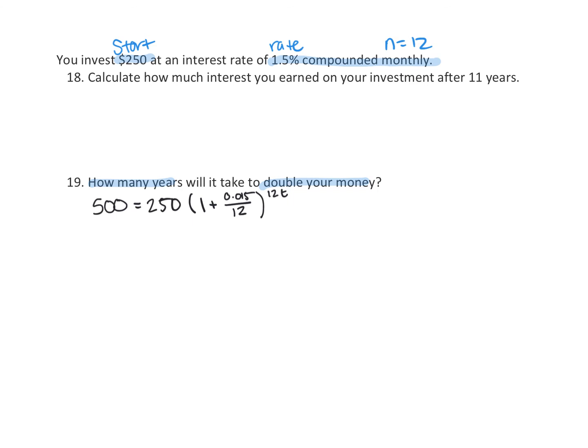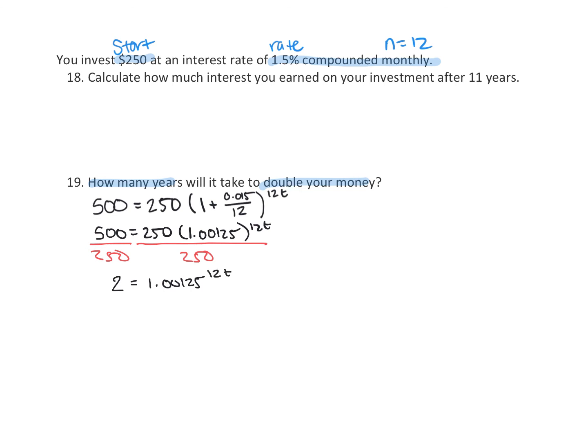So this will be 500 is equal to 250 times 1.00125 to the power of 12t. I'm going to divide both sides by 250 and get 2 is equal to 1.00125 to the power of 12t.